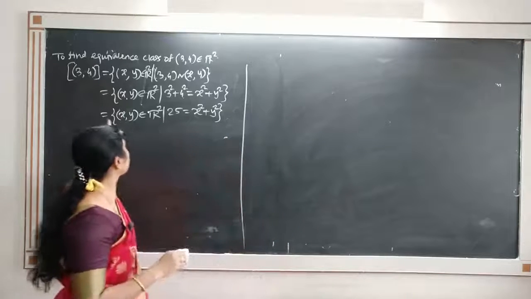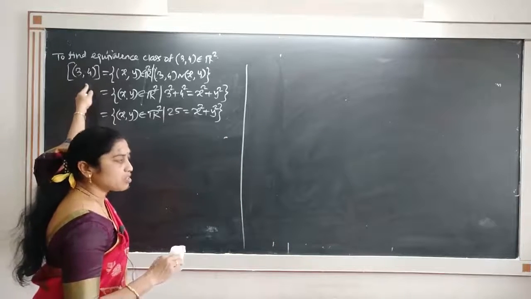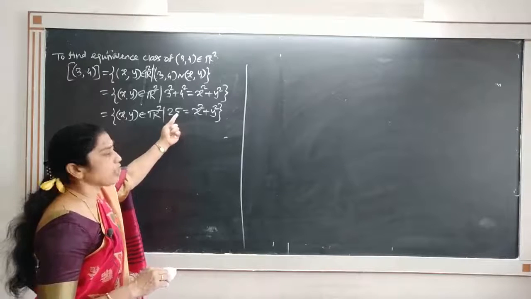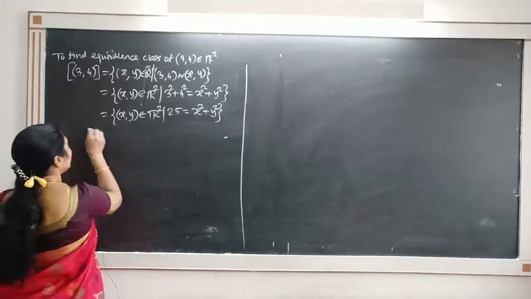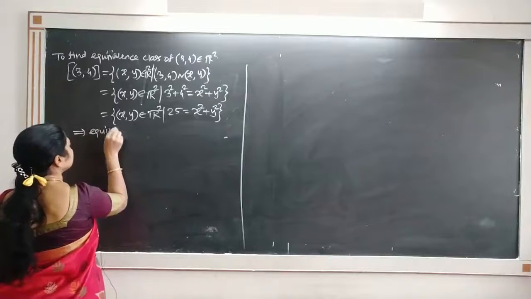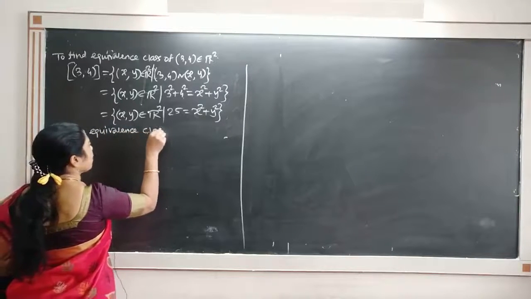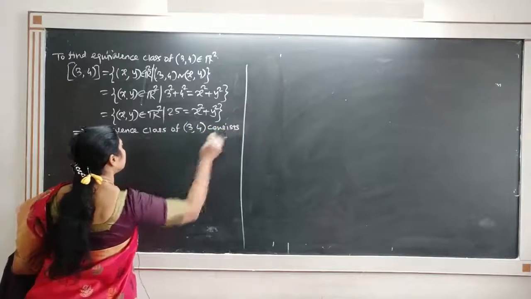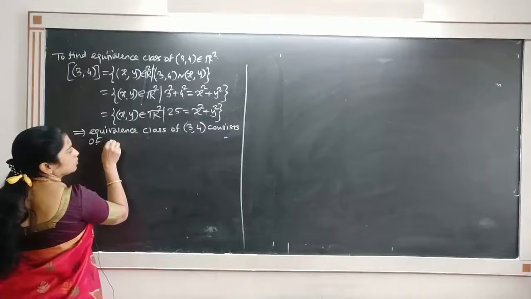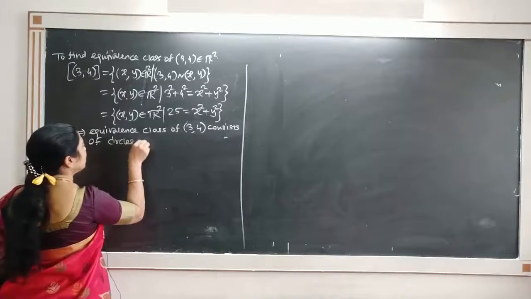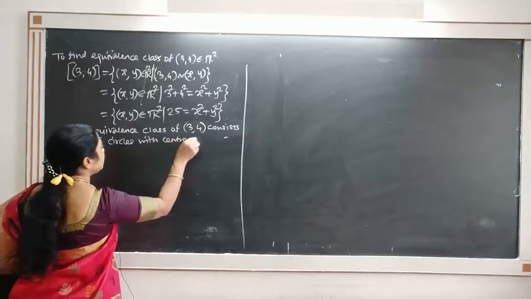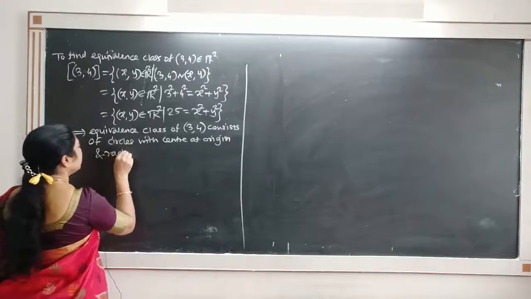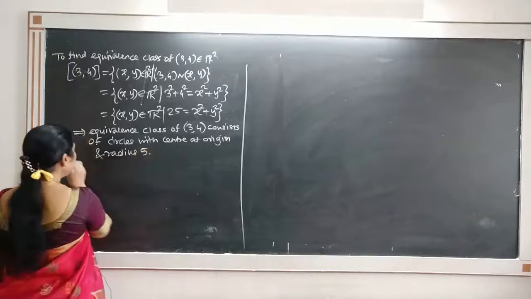So the equivalence class of (3, 4) consists of circles with center at origin and radius 5.